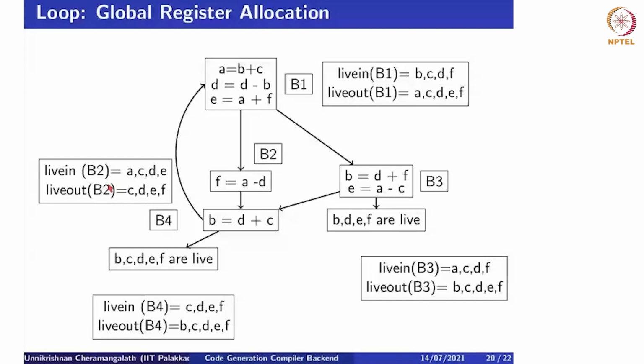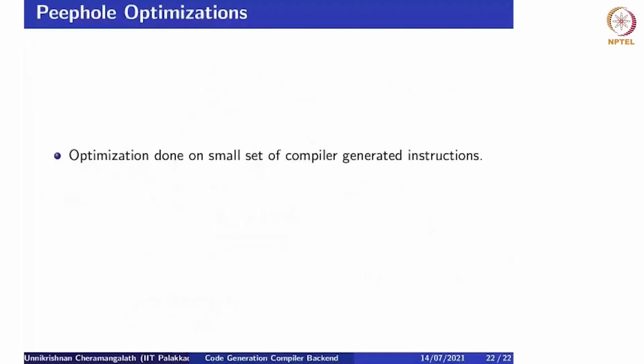And there is this peephole optimization. That is a machine dependent optimization, where optimization is done on a small set of compiler generated instructions. So that's what I'm mentioning about instruction selection, and after instruction selection is done, whether more optimizations are possible. So this is with respect to the backend. That's why I asked these interactive questions about small ways of how you should schedule the instructions, how you convert one instruction to another.